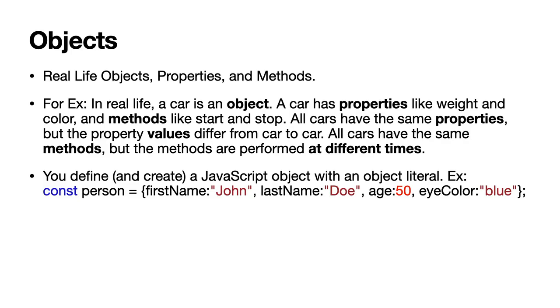All cars have the same methods, but the methods are performed at different times. You define a JavaScript object with an object literal, which is nothing but a pair of curly braces. Inside that we have a property and a value, a property and a value. That's what an object is declared for.